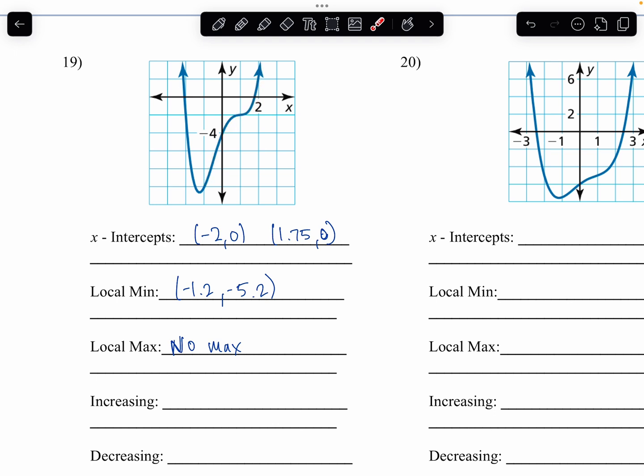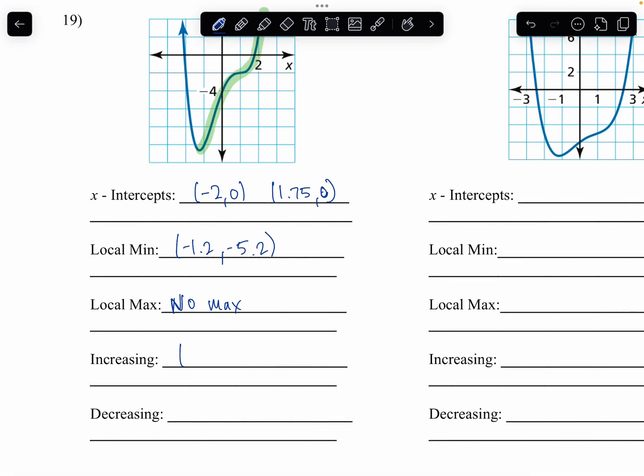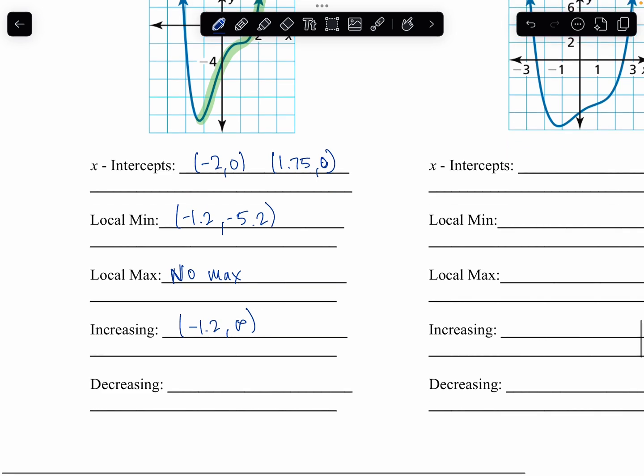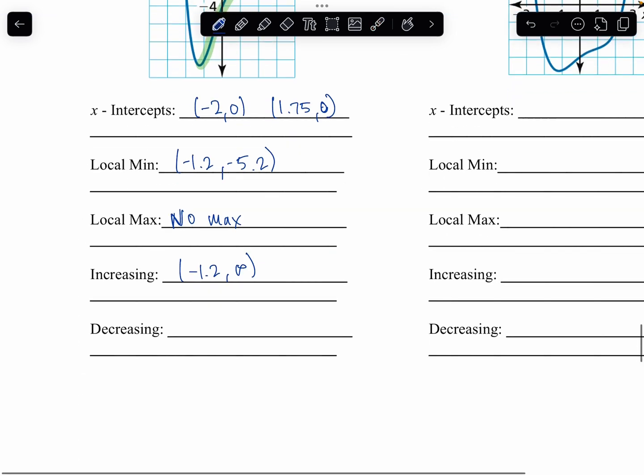And because it doesn't go from increasing to decreasing, it's not a maximum, so no maximum here. And as far as where the function is increasing, I see it's increasing from here and onward. So it's increasing from -1.2 to infinity, and it's decreasing from -infinity to negative 1.2.